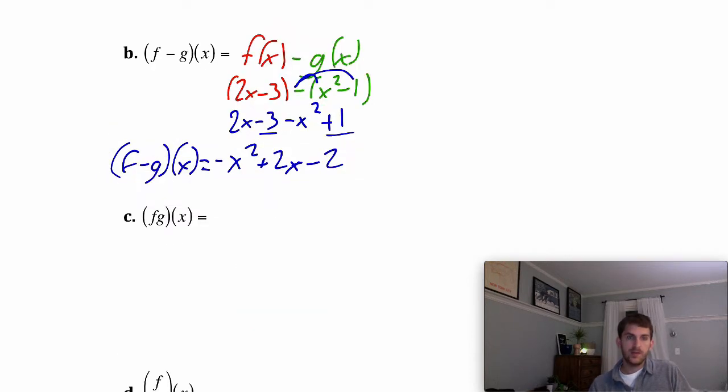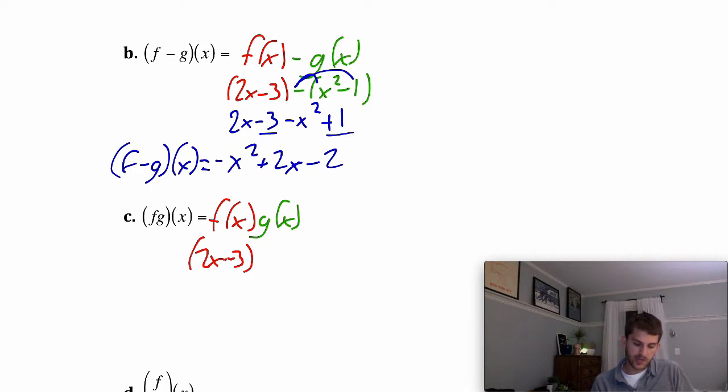Next up, that one looks like f times g. So we're going to take f of x and multiply it by g of x. f of x is the whole group, 2x minus 3, and we're going to multiply that by the whole group of x squared minus 1. In order to multiply those two groups, we're going to have to distribute.